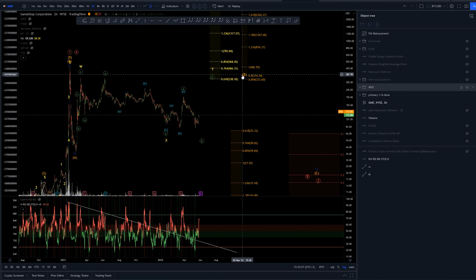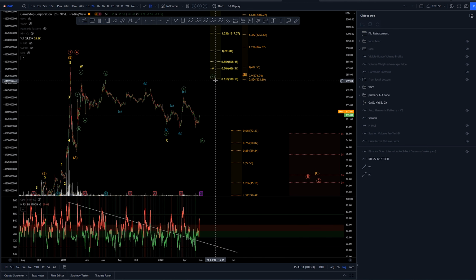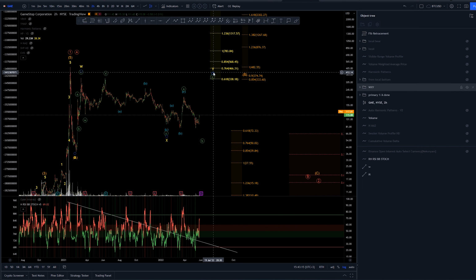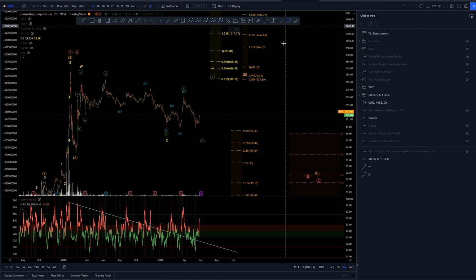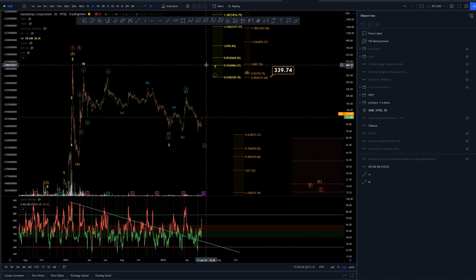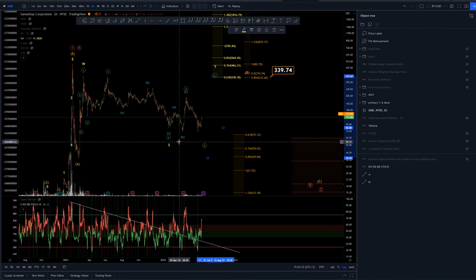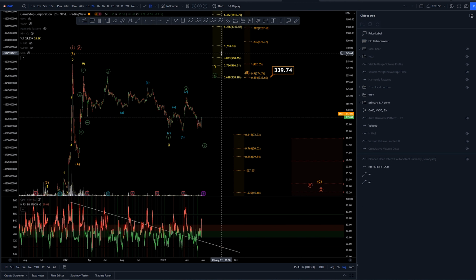That allows it to be a B wave. Now we have confluence there as well. The 0.618, which I keep as the minimum target for the wave Y, is also right there, around $335. So that is the minimum extension we want to see for the wave Y relative to the WX1 here. But of course it can go higher.